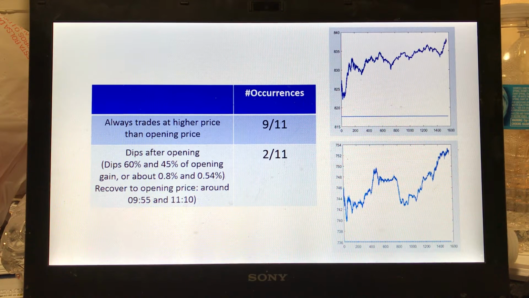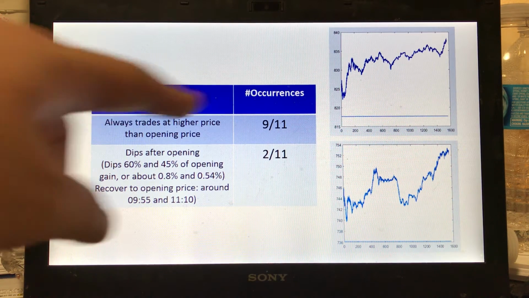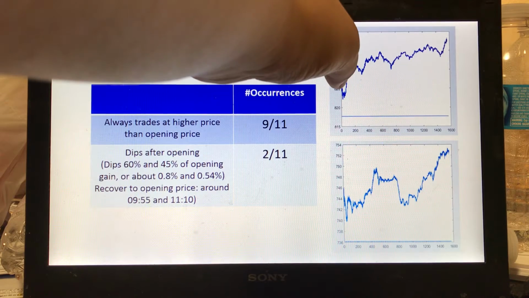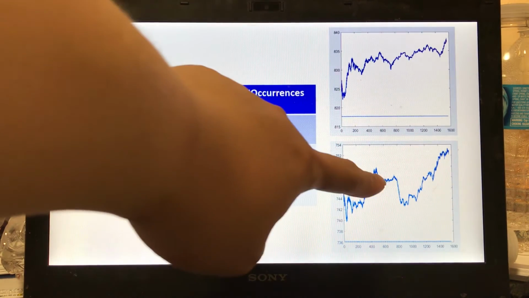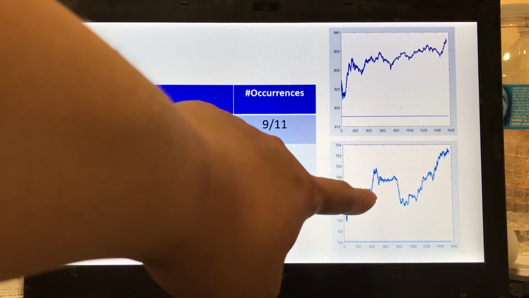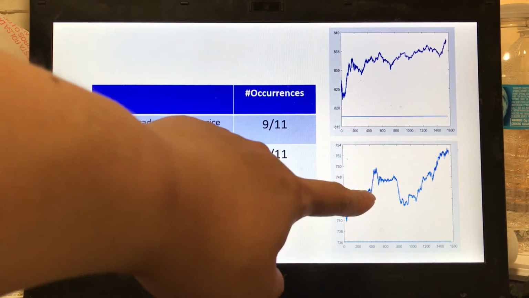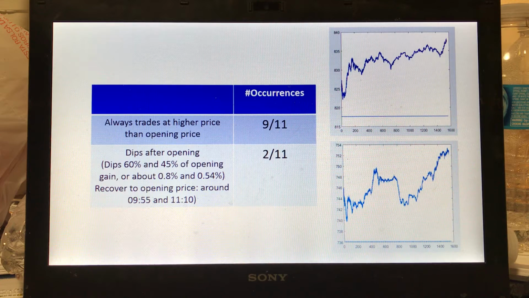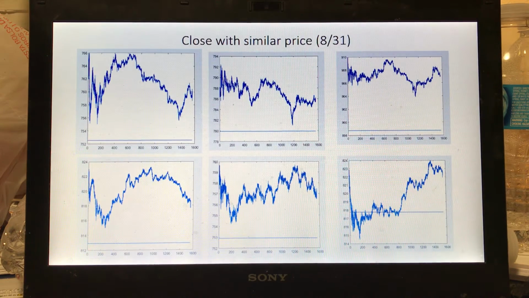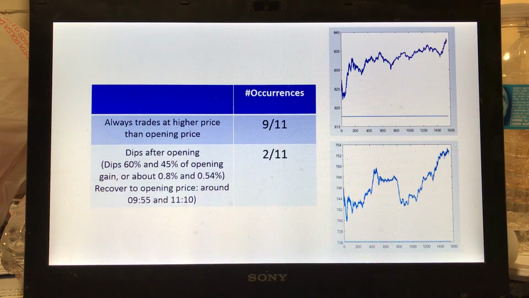And however, we can determine that the stock has recovered to the opening price around 9:55, or this one recovers at a much later time, which is about 11 a.m. So we will analyze this also with the previous case later.